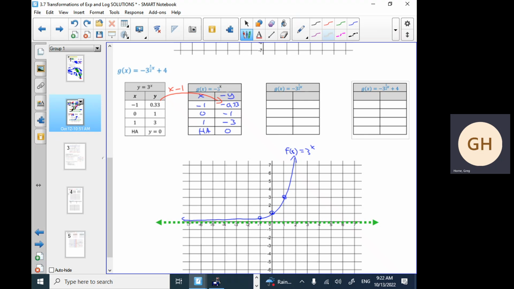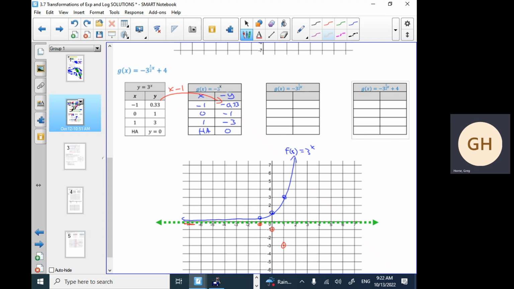So there you go. And then we can graph the new one, which is going to be at negative 1. We're going to get negative 1.3. And at 0 we get negative 1. And at 1 we're going to get negative 3. So you can see this is the upside down. Negative 0.0001 or whatever, becomes negative 0.00.